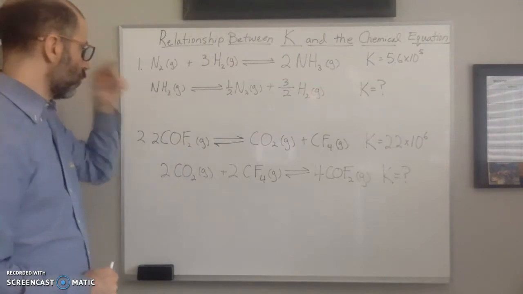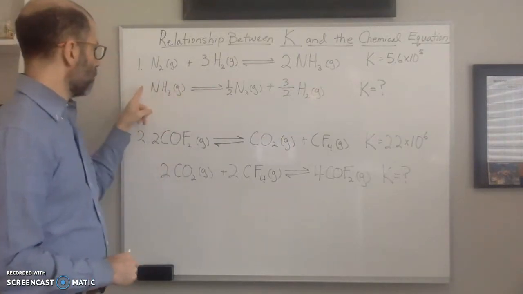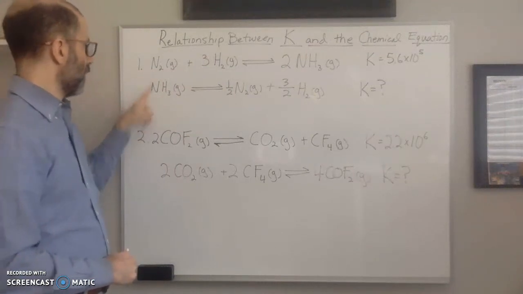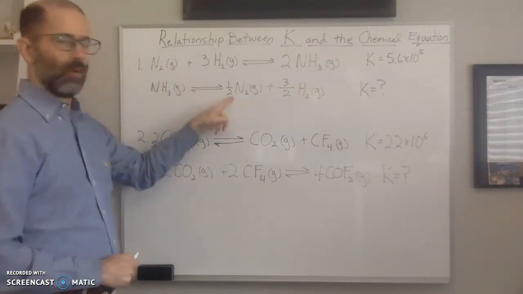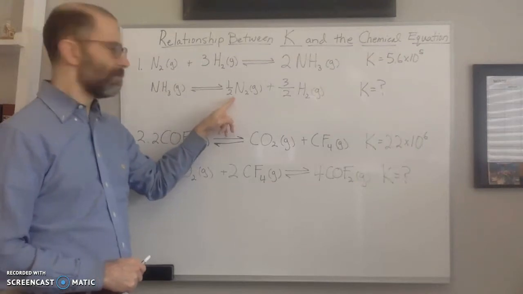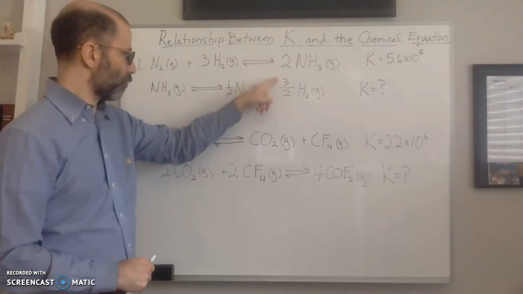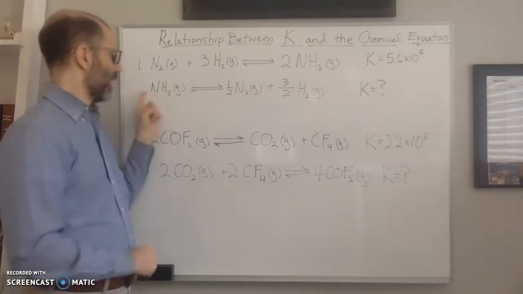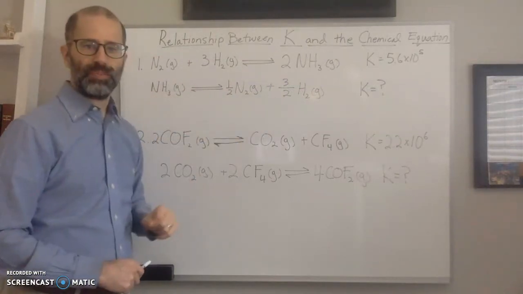And then the next thing you'll notice is that I have a 2 here, but I have a 1 there. I have a 1 for the nitrogen, but a 1/2 for the nitrogen here, and 3 halves for hydrogen here, but 3 there. So everything is divided by 2.